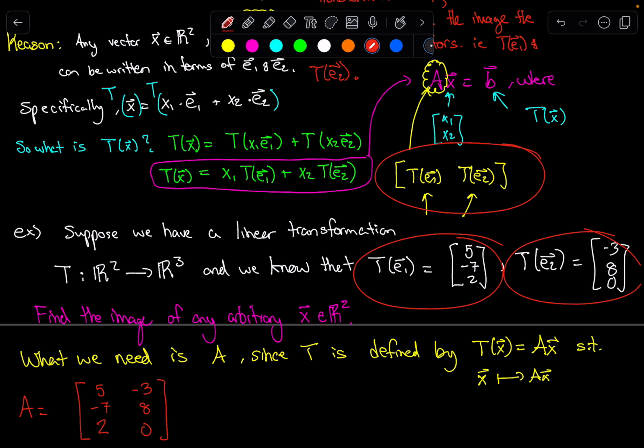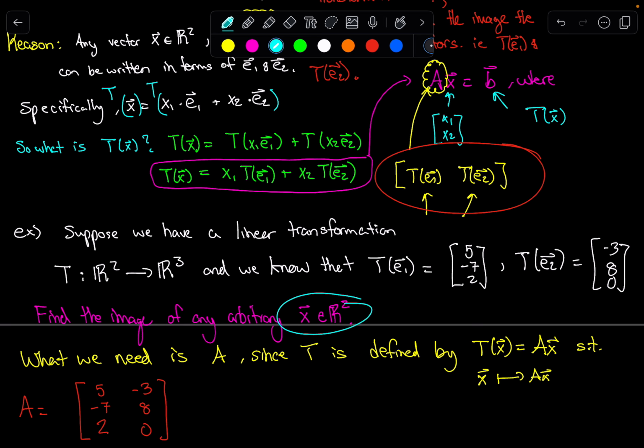Once we know A, since we're trying to figure out the image of any arbitrary vector, let x equal (x1, x2) be any vector in R2. If you want to be super thorough, x1 and x2 are any real numbers.